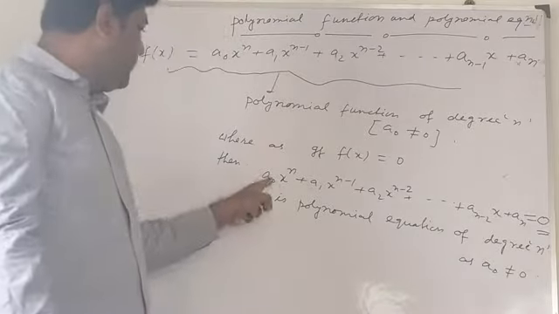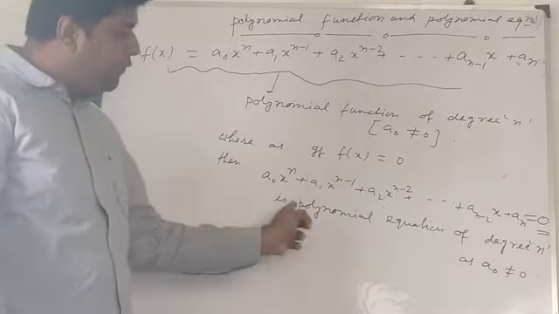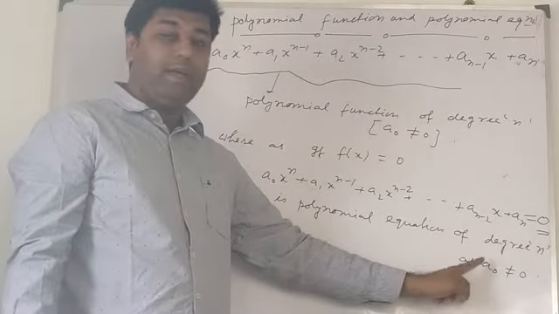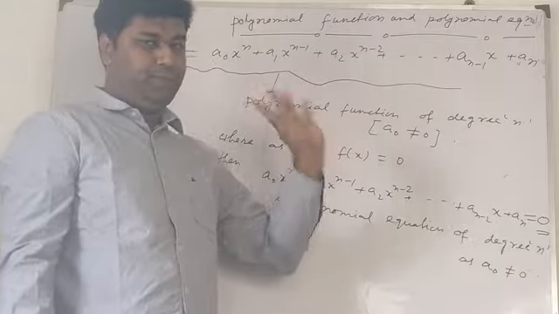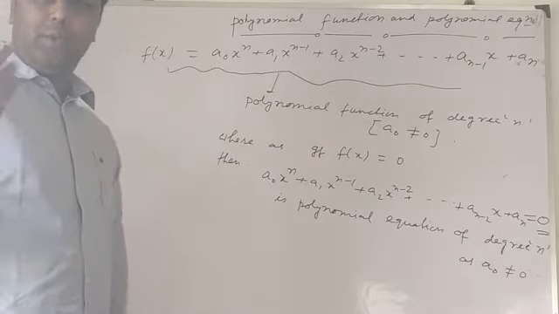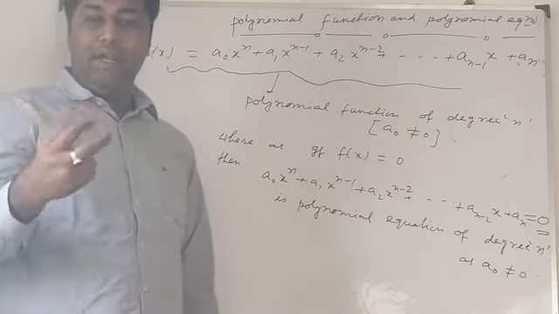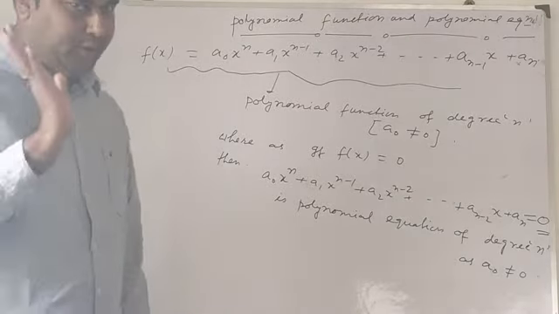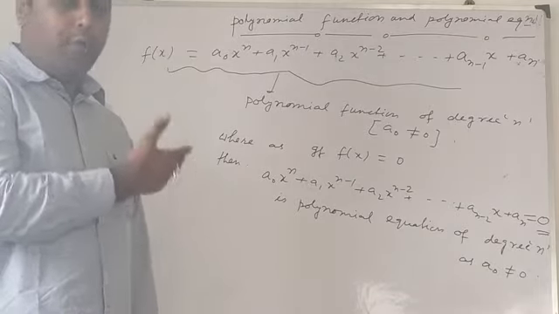That is, this polynomial function is equal to 0 of degree n, where a0, the coefficient of x to the power n, should not be 0. Now, we know that an equation equal to 0 means the equation can be converted into factors. How many factors can we have in a polynomial of degree n?